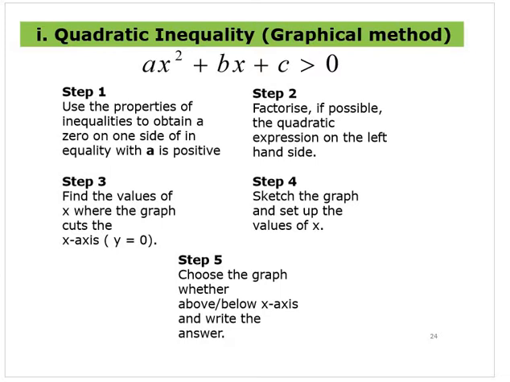Step 3, find the values of x where the graph cuts the x-axis, when y equals 0. And step 4, sketch the graph and set up the values of x. Since in step 1 we must make sure a is always positive, our sketch will be a positive graph. Step 5, choose the graph where it is above or below the x-axis and write the answer.